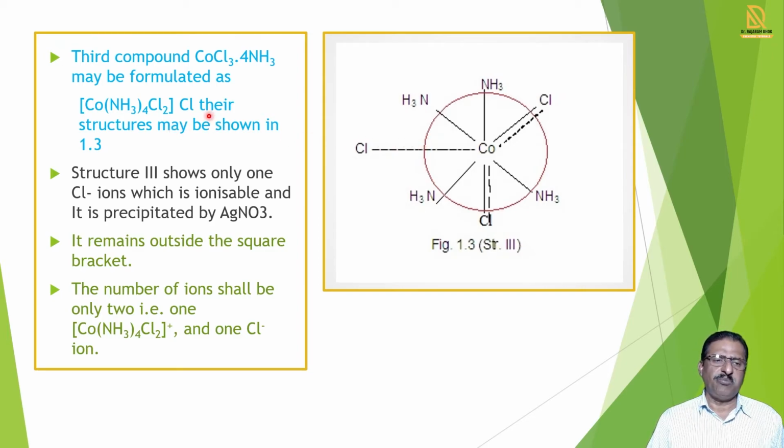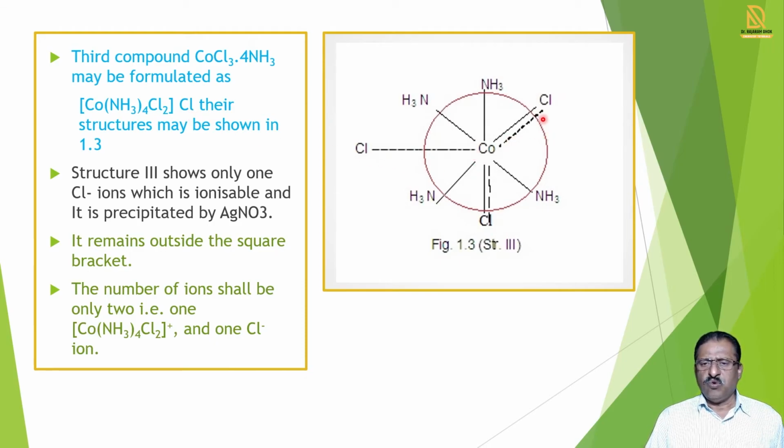So in this example, [Co(NH3)4Cl2]Cl, 2 Cl are present in the square bracket, in the complex ion, and 1 Cl is present outside the square bracket as a primary valency.